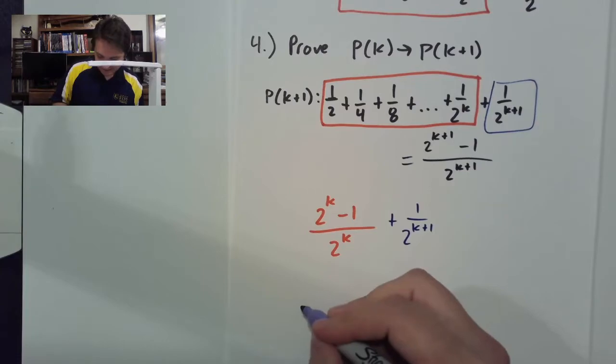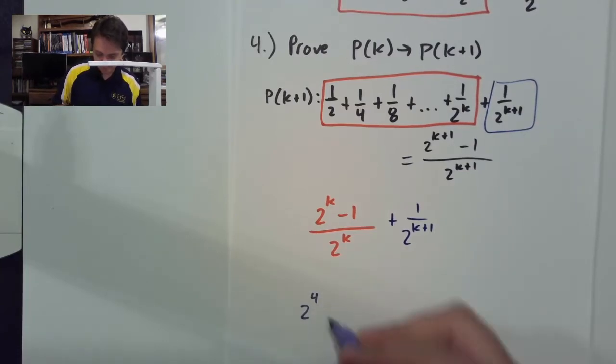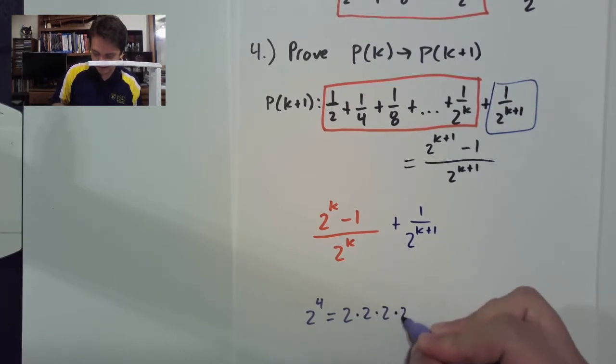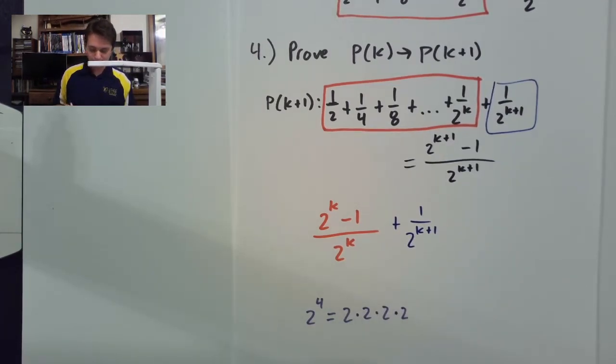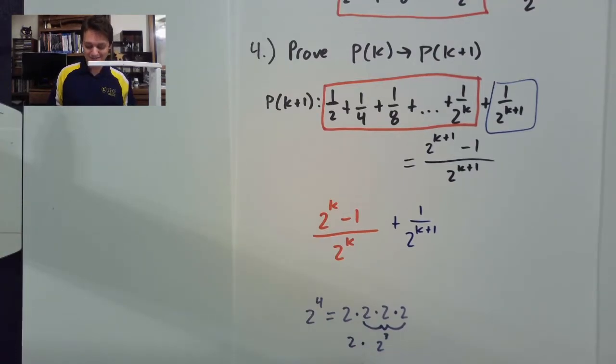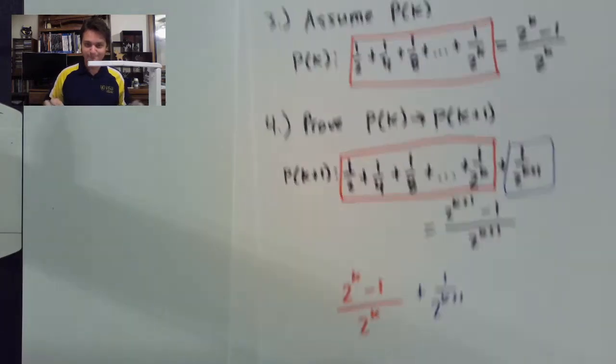If we had 2 to the 4, well, that is 2 times 2 times 2 times 2. But what if we just took this part right here, and that's 2 to the 3 times 2. So we can take 1 away and bring it out front, and that is our key for this next step.